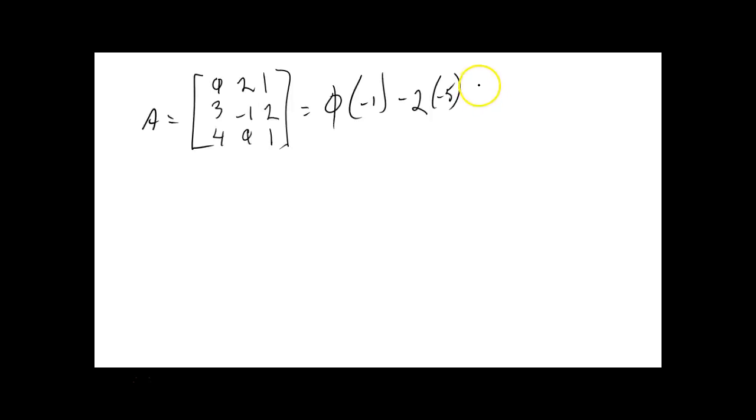The next one is pretty obvious. It's +1 times, and what was the cofactor of 1, 3, 4, which is also the minor of that, okay? And what does this add to? First one is 0 plus 10 plus 4, 14.